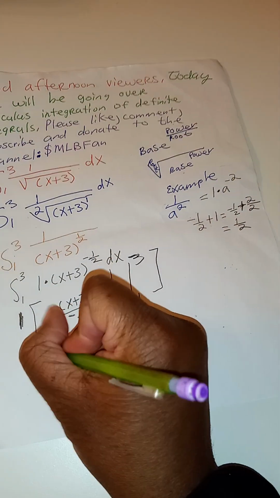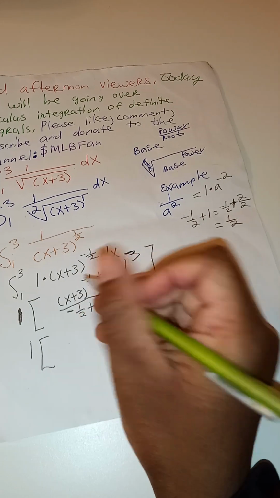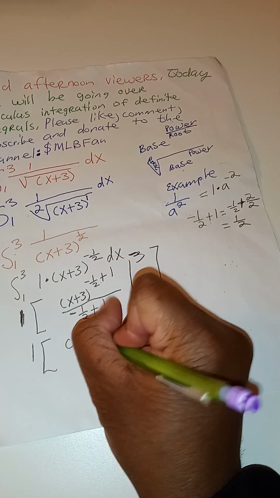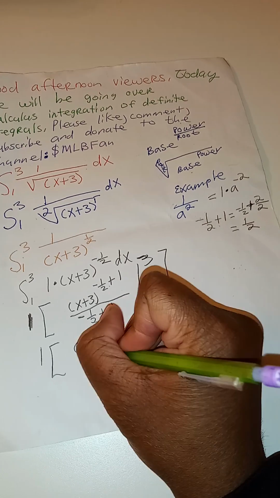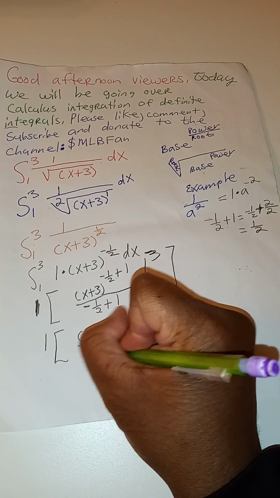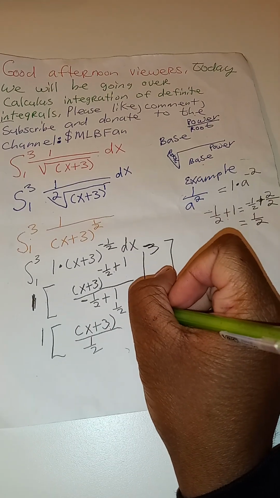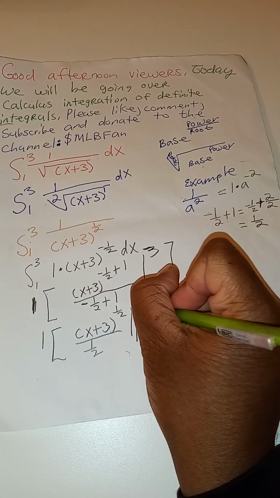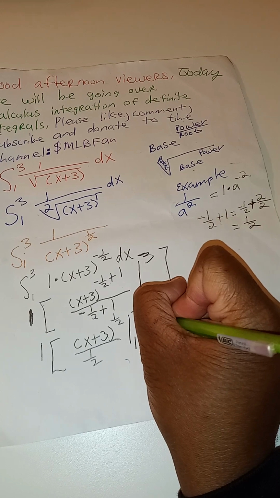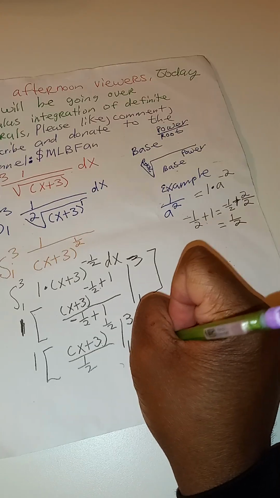So it will be 1 times x plus 3 to the 1/2 divided by 1/2, from 1 to 3. So let's have this marinate for a little bit here.